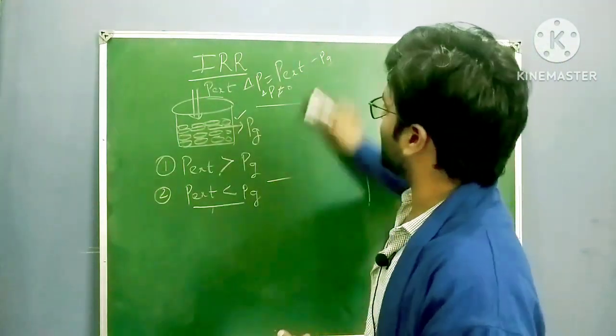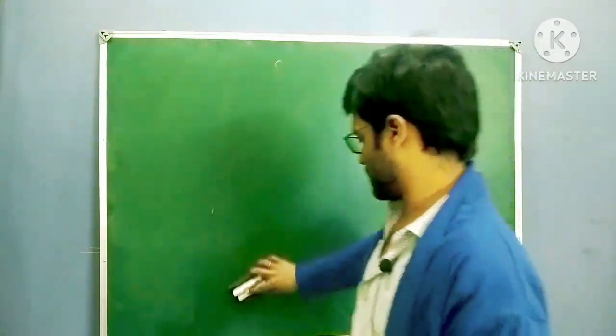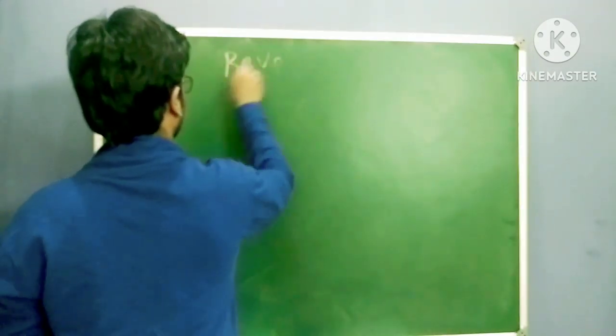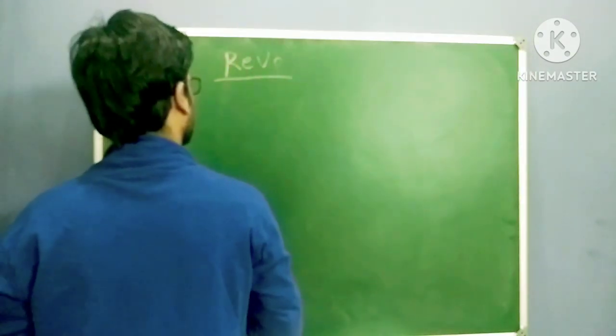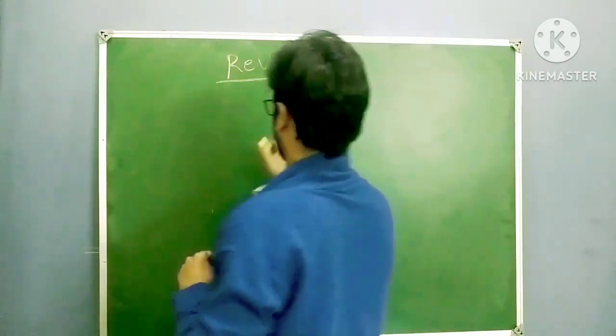But when I take a reversible process, what happens? When I take a reversible process, this will take finite steps. Suppose I have the gas here.